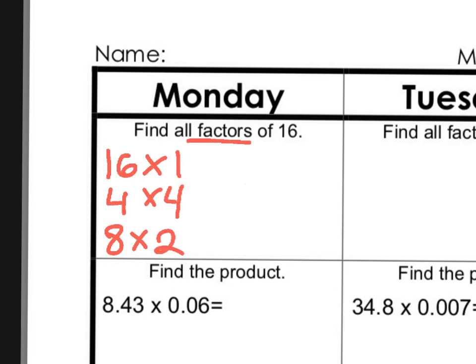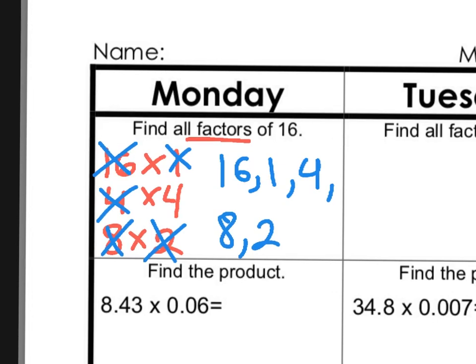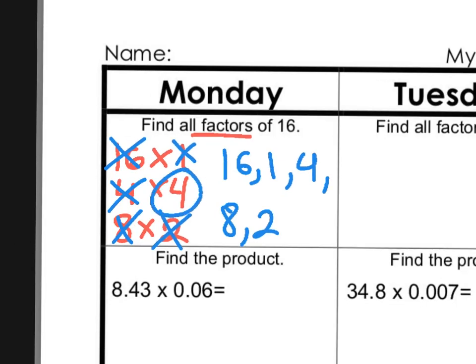So your factors are 16. It could be 1. It could be 4. It could be 8. And it could also be 2. So those would be your factors for the number 16. Mr. Liu did not use this 4 again because I already used it once.